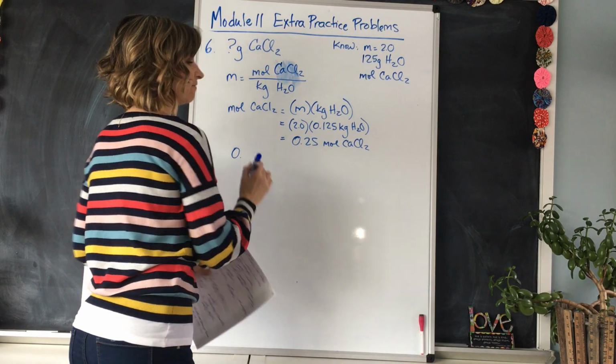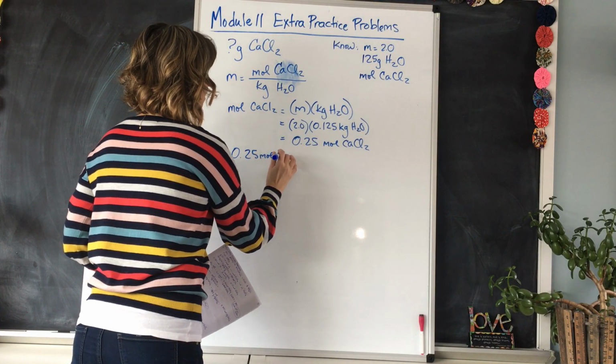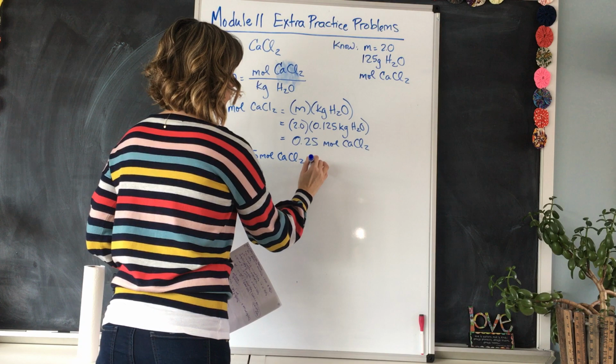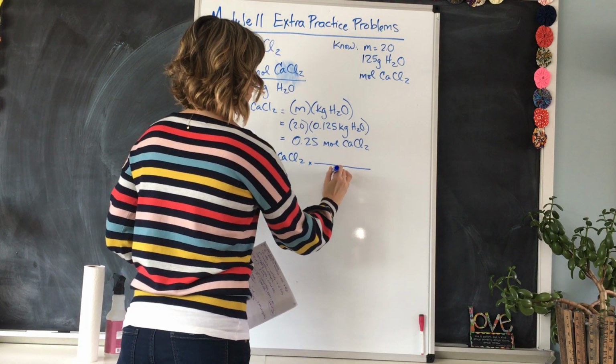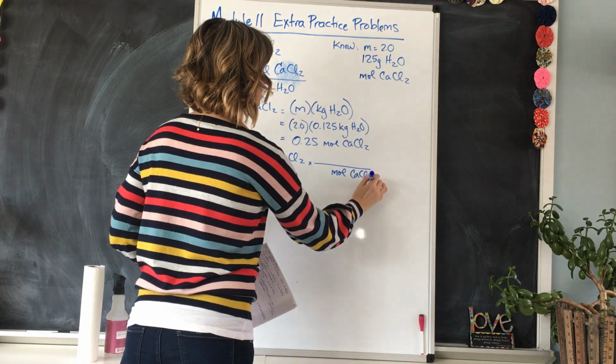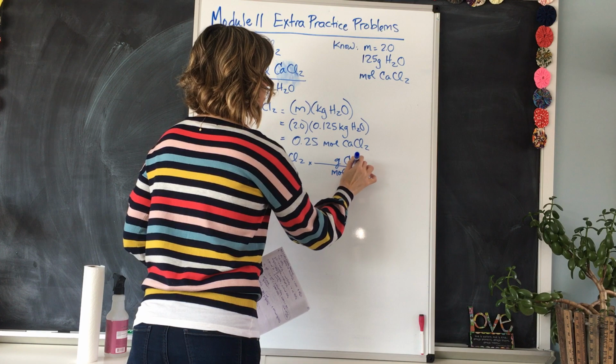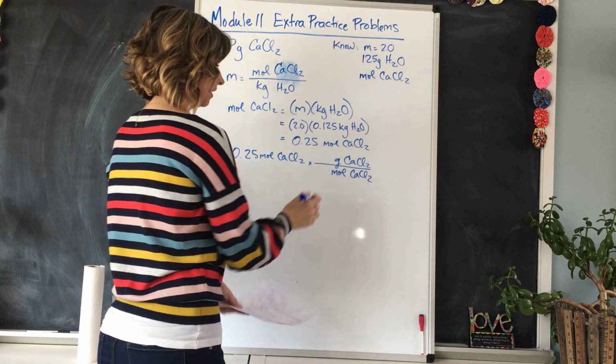So we will put it in the factor label method, 0.25 moles of CaCl2. We're going to multiply it by the ratio of moles of CaCl2 on the bottom to grams of CaCl2 on the top.